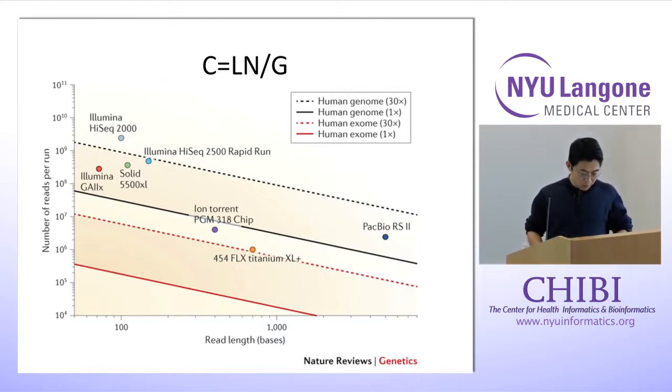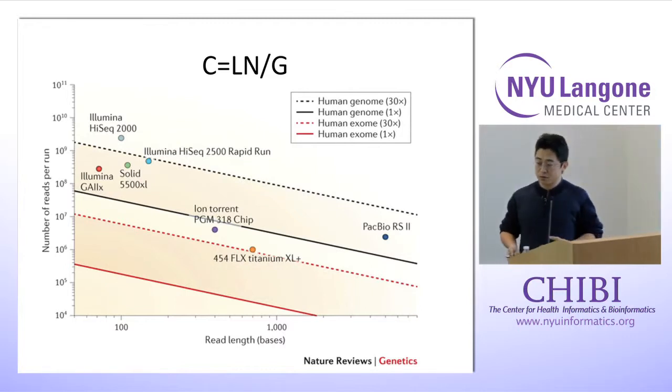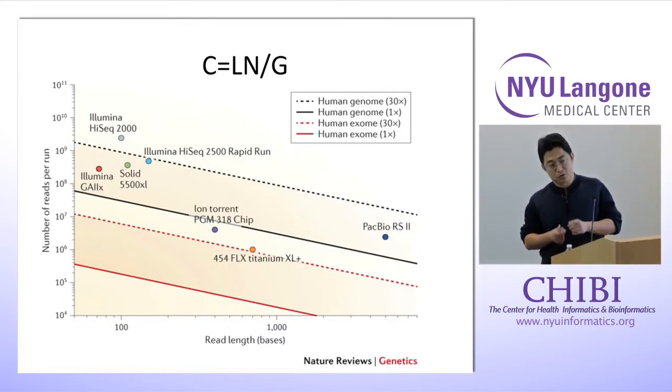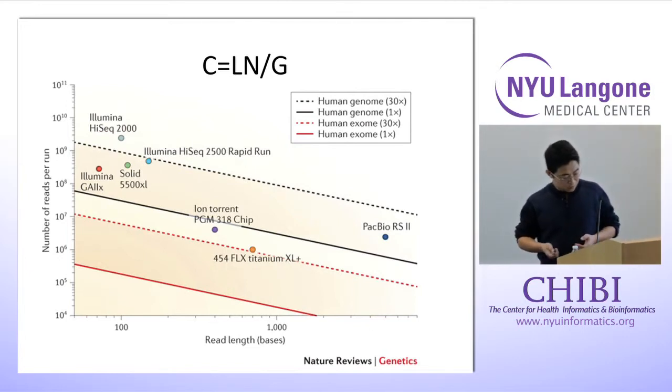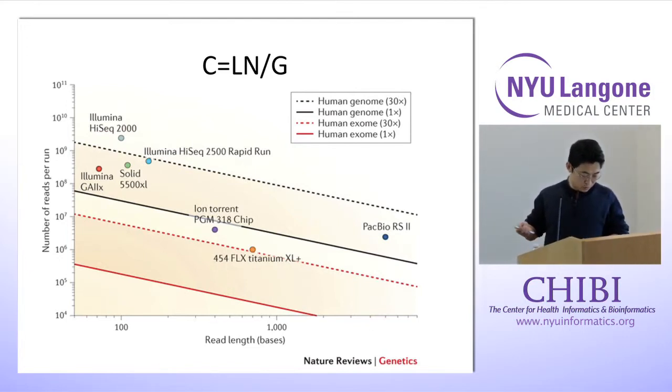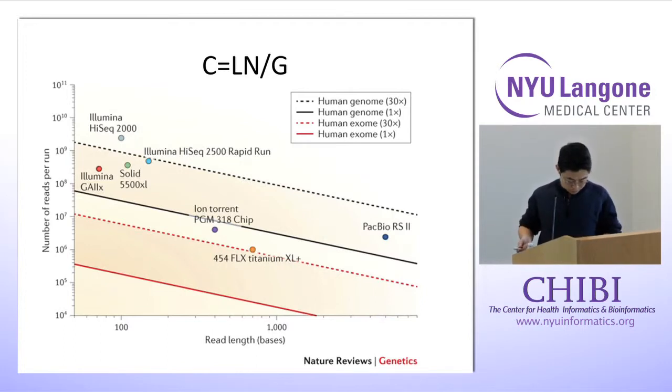Using this formula, there are estimations, for a given genome, say 1x coverage or 30x coverage, for different platforms with different read lengths, of roughly how many reads you need. This is published in a review paper in Nature Genetics.